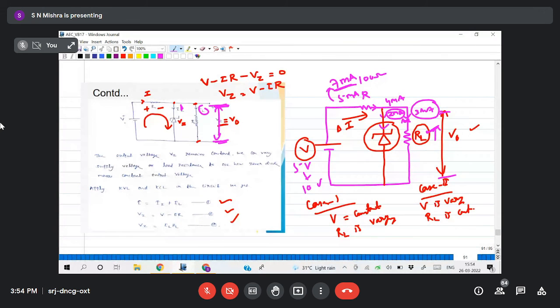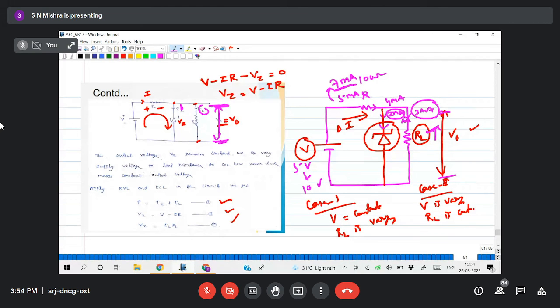Understood? This is the way the Zener and load current adjust themselves such that the output voltage remains constant always. This current increment is actually a demerit of any diode, but we have made it such that it is utilized in the voltage regulator circuit.